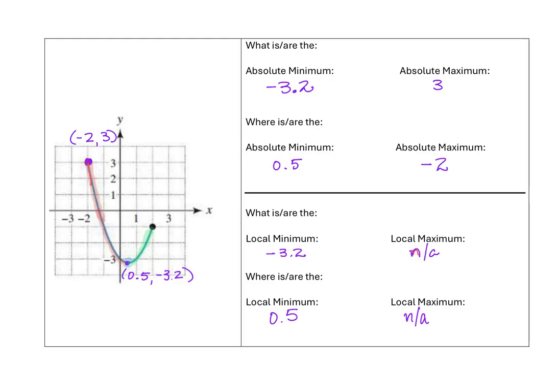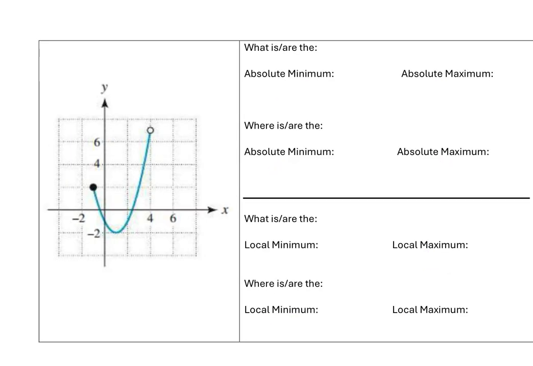All right, let's try another example. If we look at our next example, we have kind of the same idea here. We do have an absolute minimum, and our absolute minimum is going to be right here.